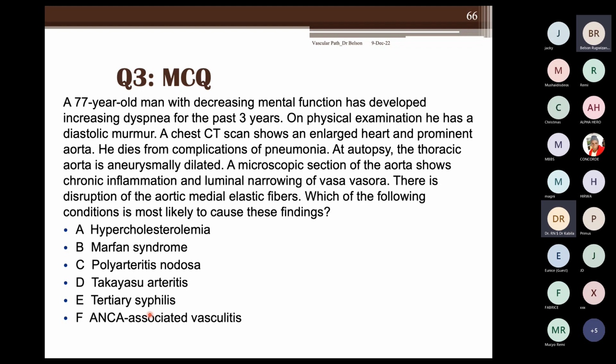So is it hypercholesterolemia? Is it Marfan syndrome? Is it polyarteritis nodosa, Takayasu arteritis, tertiary syphilis, ANCA-associated vasculitis? So this is an aorta. So does polyarteritis nodosa affect larger vessels or medium-sized vessels? That's one. Kugira ngo ubashe kuyitamo n'urugero. So hypercholesterolemia, maybe here we are referring to atherosclerosis.